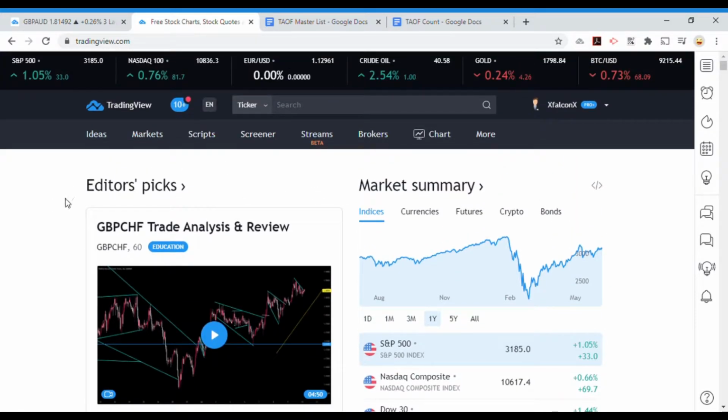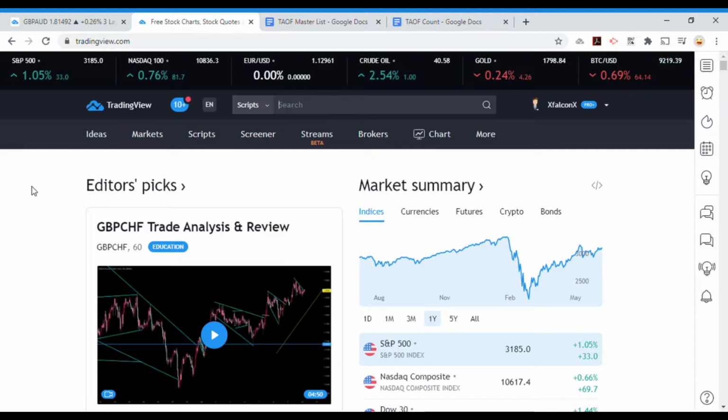But what we are looking for today is actually the ability to pull up scripts that the general public have created. Scripts basically are where someone has coded out their own indicators.